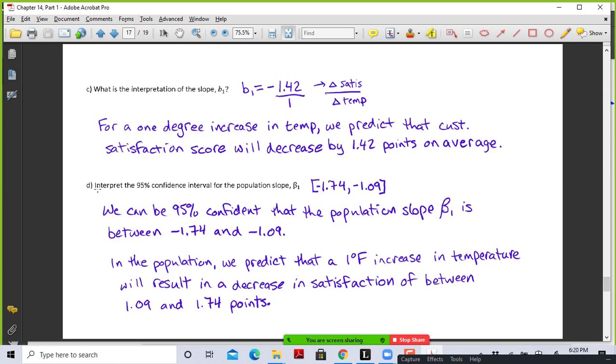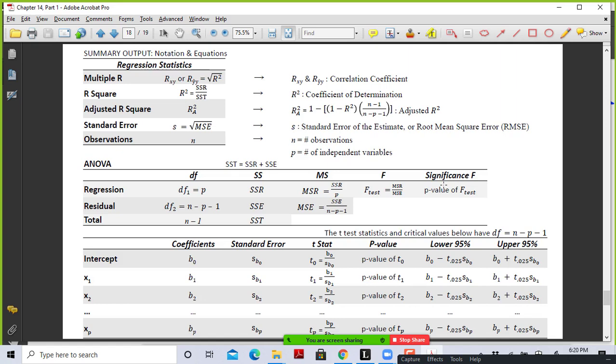And if I ask you to interpret the 95% confidence interval for the population slope, and I give you the range, then you can say that the value lies between such and such, the upper bound and the lower bound. The most important thing to note here is that you need this in your formula sheet.